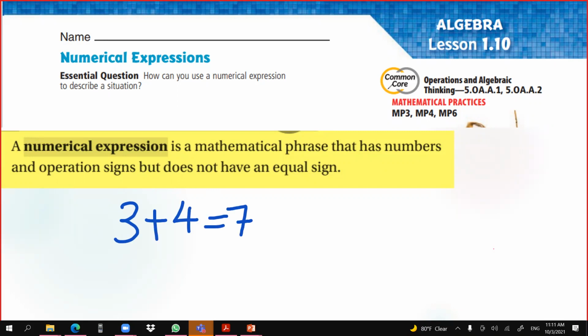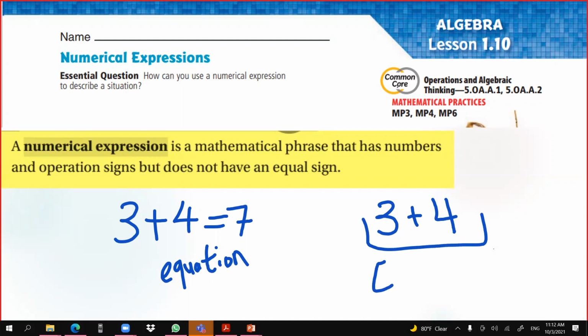We say 3 plus 4 equals 7. Since I said equal, this is an equation. But if I ask you to write the expression of 3 pencils added to 4 pencils, you will say 3 plus 4. If the numbers come like 3 plus 4 without an equal sign, we call it an expression.